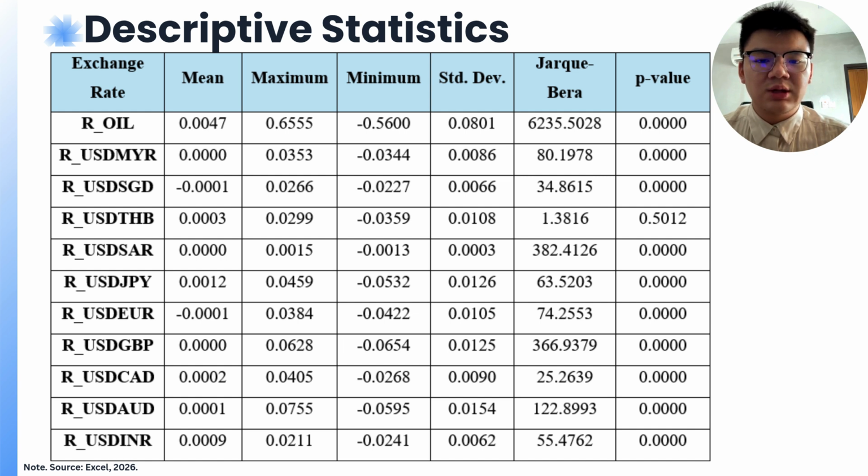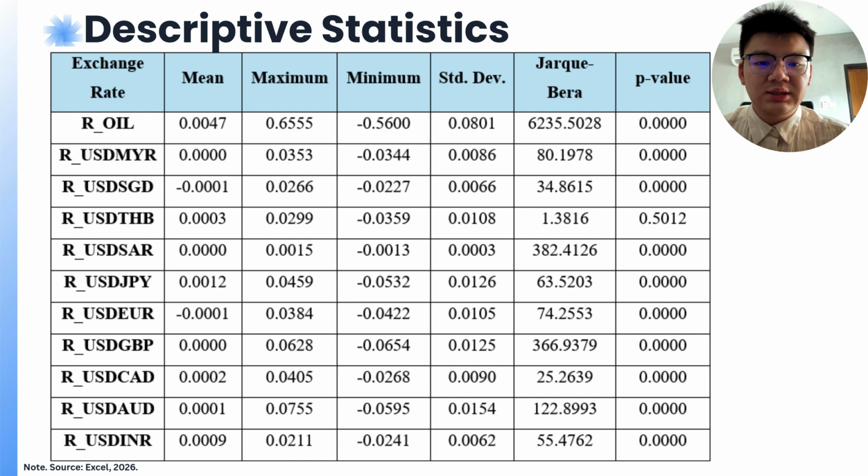We can see it from the maximum and minimum values. There is about 56% of difference from the minimum to the maximum value, which is extremely volatile.